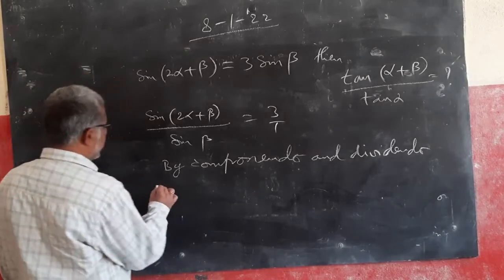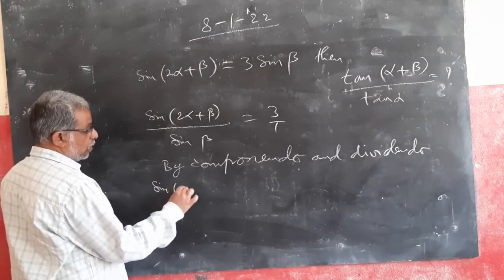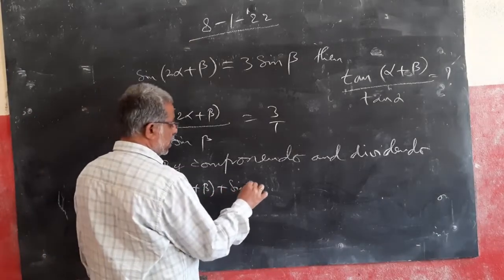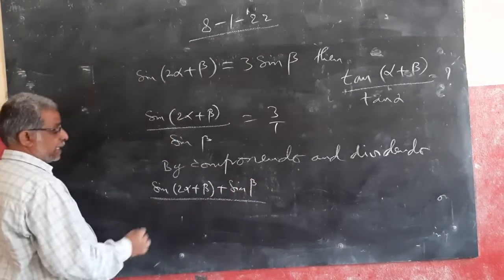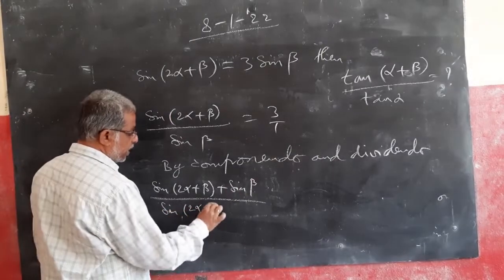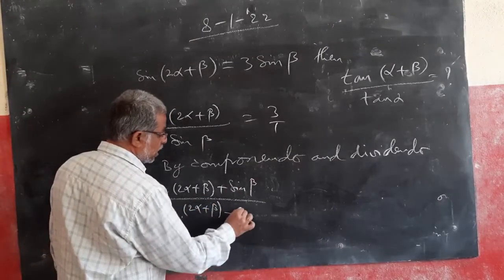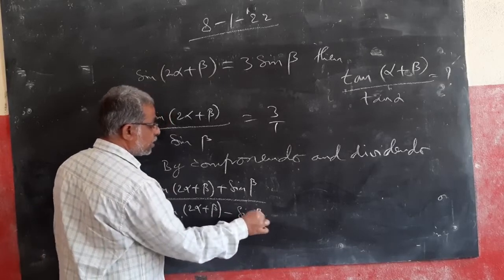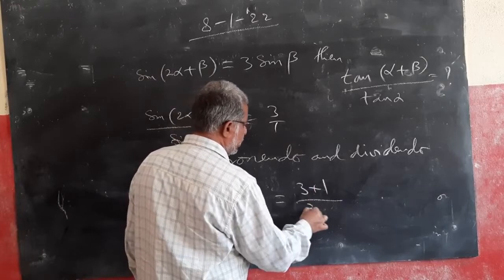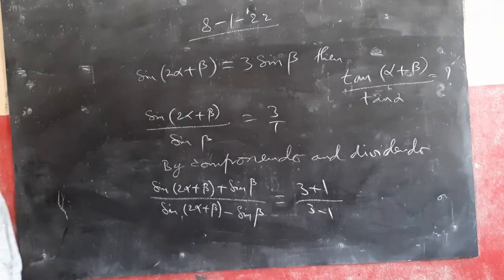This is nothing but sin of 2 alpha plus beta plus sin beta by sin of 2 alpha plus beta minus sin beta, equal to 3 plus 1 by 3 minus 1.